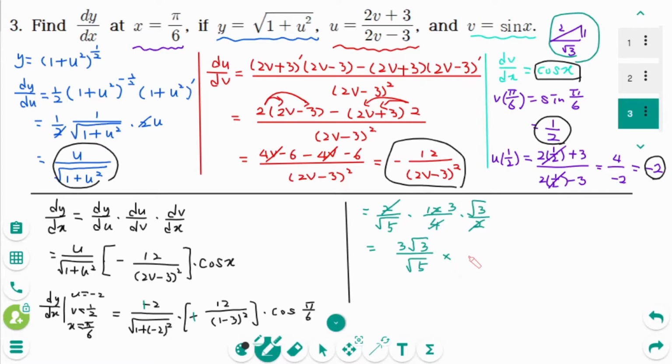Then rationalizing the denominator, multiply by the square root of 5 on each side, 3 square root of 15 over 5.